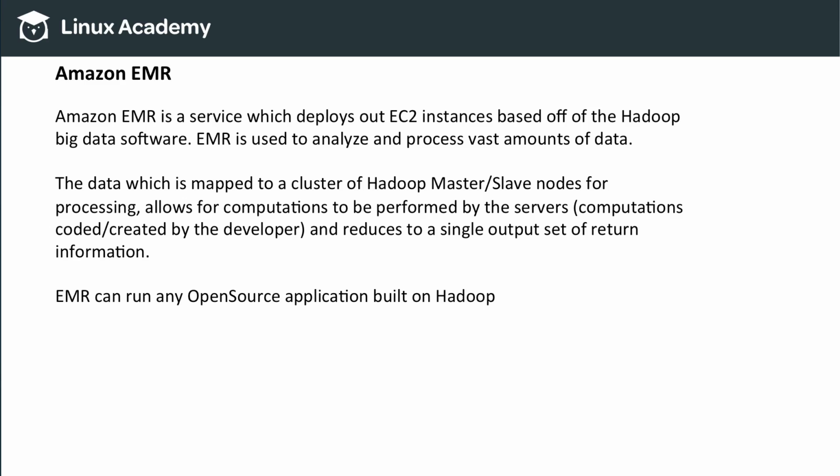This logic is code that's looking for specific occurrences of an individual word, and that's the mapper's job. The reducer's job is to take that result, if there is one, and reduce it to a single output set of information. So if you have a single file that's receiving this information, the reducer is supposed to update that file with the most recent information from a mapper.